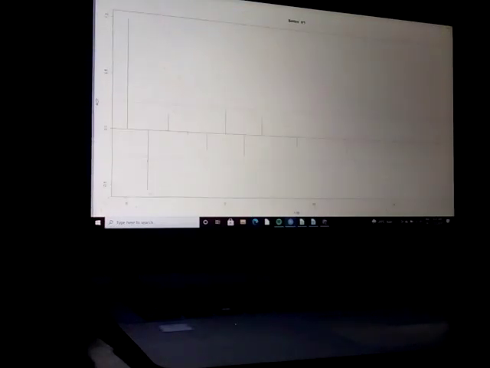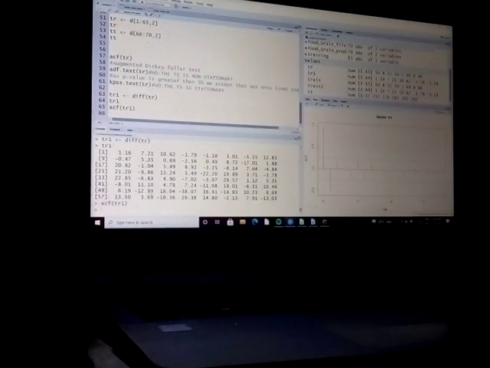Now you can see these blue dotted lines. They are the critical regions. The first line is always one, because this is the correlation between YT and YT, so it is always one. So look at the second lag.